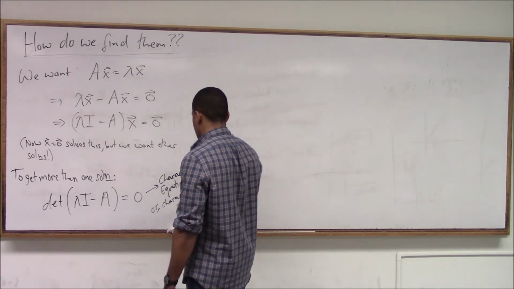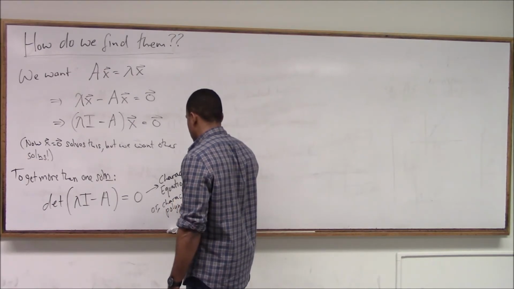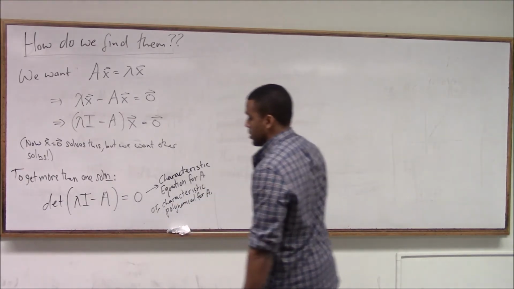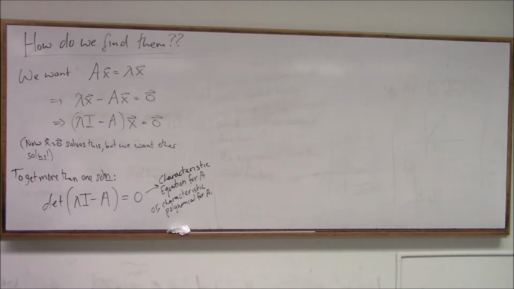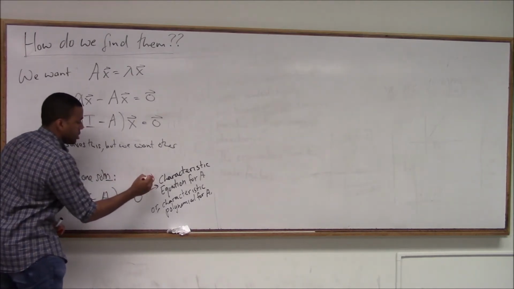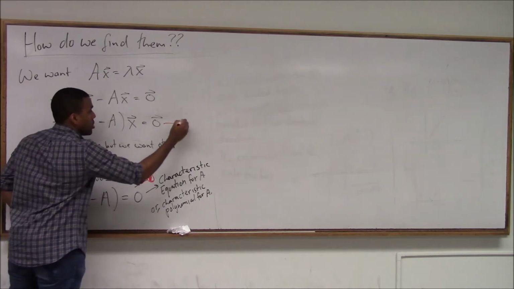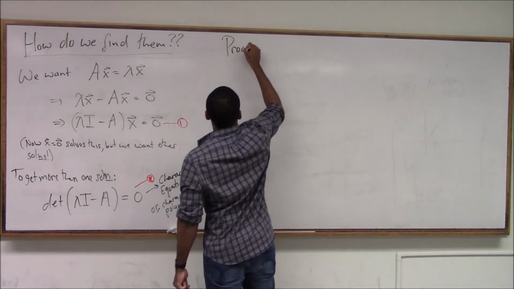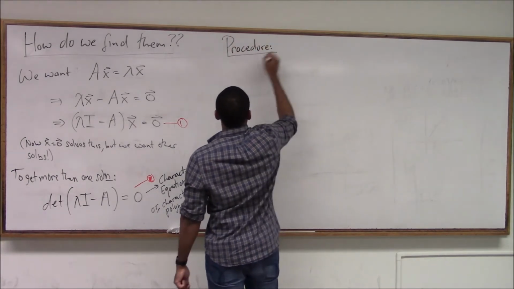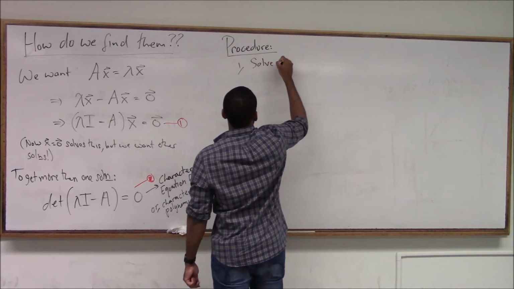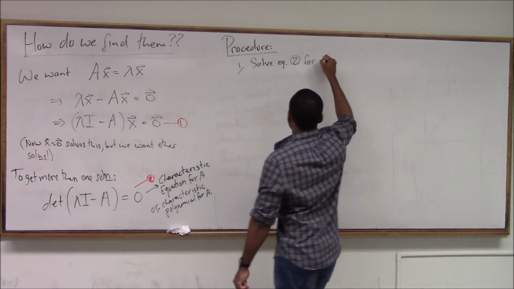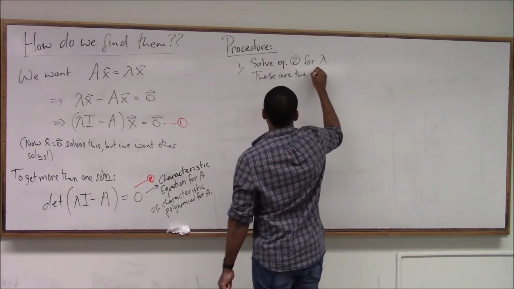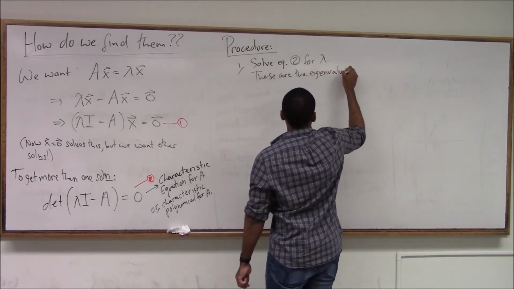So that's going to be the idea. Let's call this equation 2, and this here equation 1. So here's the procedure. Solve equation 2 for lambda. These are the eigenvalues.